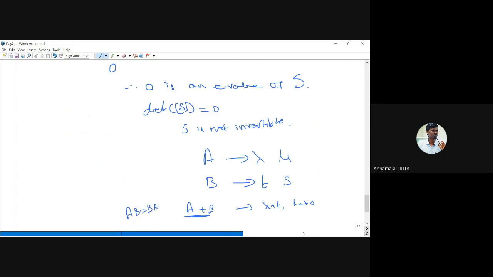If two matrices satisfy the commutative property, then the eigenvalues of A plus B are just the sum of the corresponding eigenvalues.